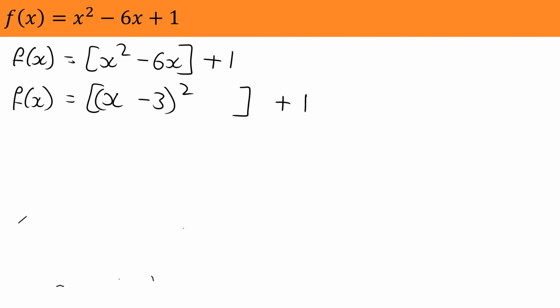Now the next thing is I'm hoping that what's in both square brackets is the same, and once again I will just go to the side to see that. Now this step can be done in your head, but in the beginning you probably will want to do it out on paper. So when I square out that round bracket here, I get x squared minus 6x plus 9. So once again I have this plus 9 that I don't require, so I need to subtract that plus 9 out of there, so I get a minus 9.